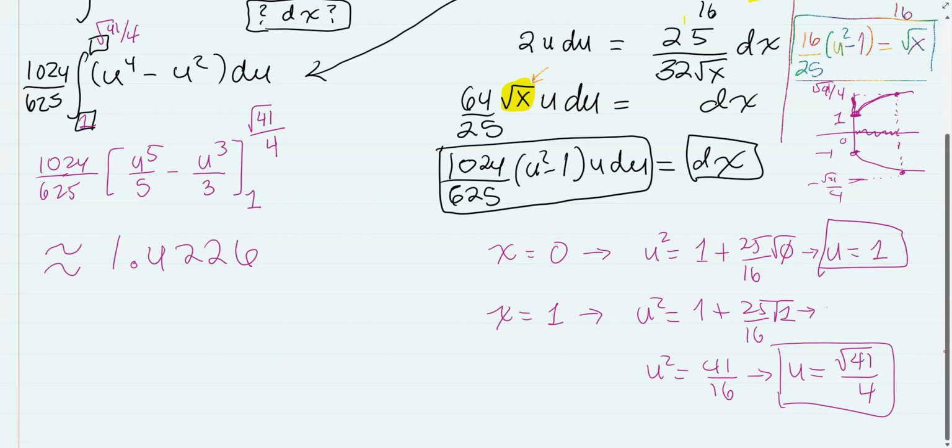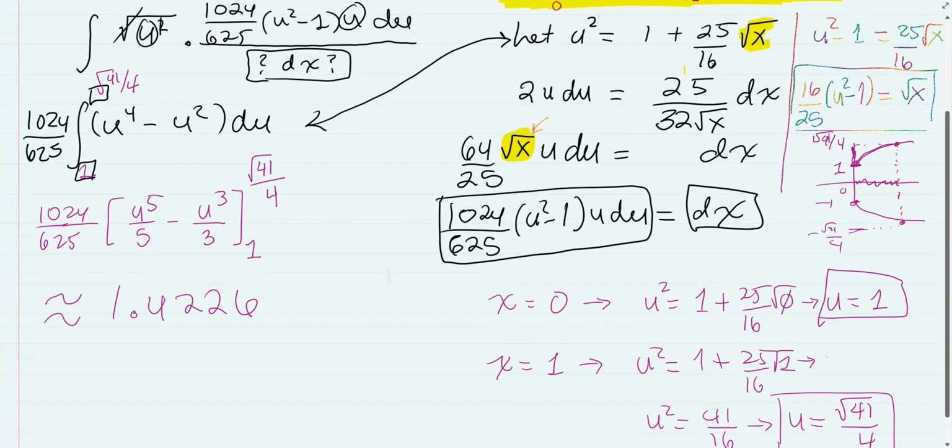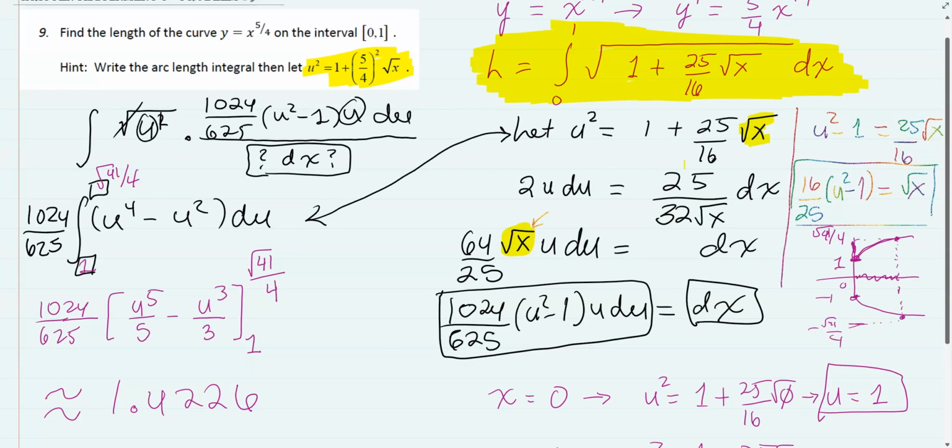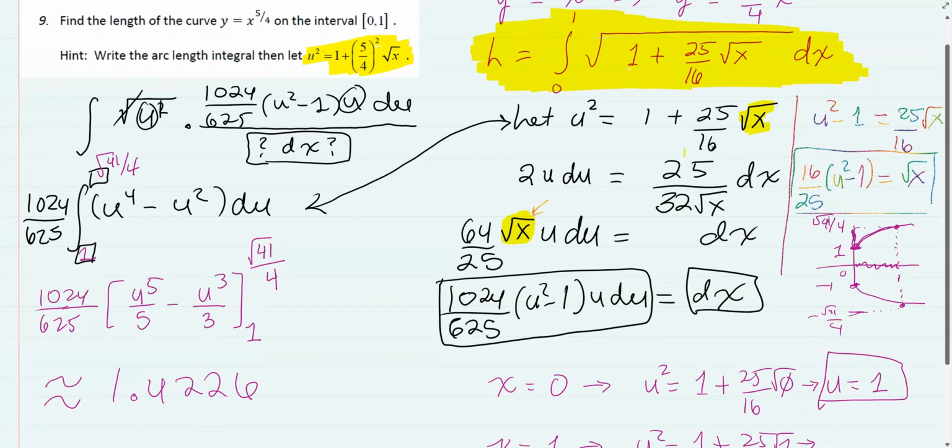Okay, but the learning process would be for you to use the substitution that they wanted you to use, right? And then you get something that has the x's in terms of u and x all together. So you have to solve for square root of x so that you can do a substitution with just fully u in it.